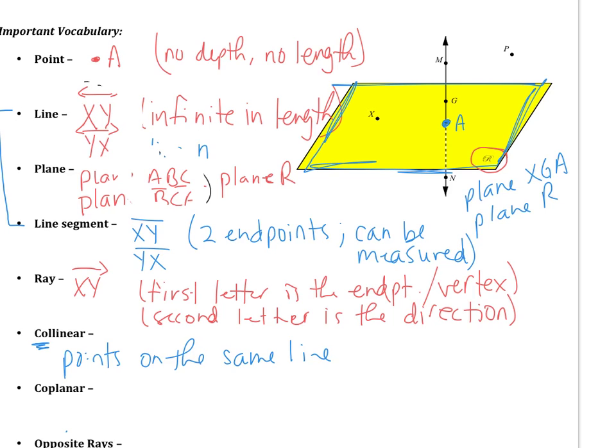I would say that N, A, G, and M are collinear because they lie on the same line. They're all on this line. Whereas X is not collinear because it's on a completely different line. It is not on that line. P is not collinear because it is not on that line. So collinear, on the same line.